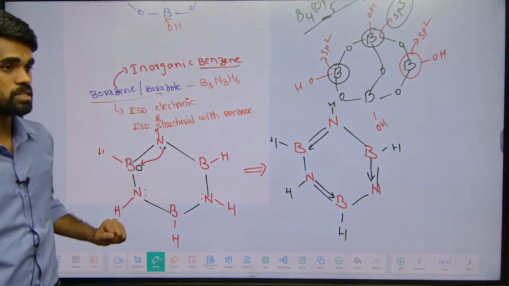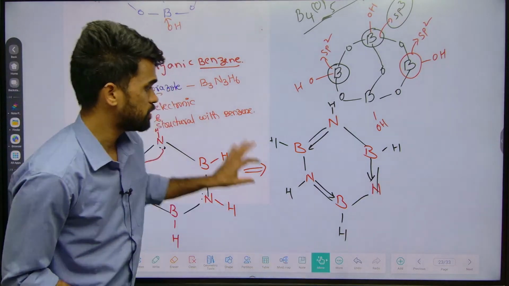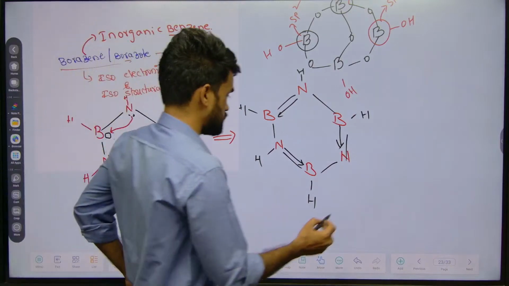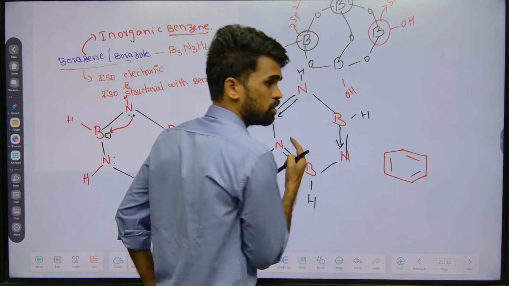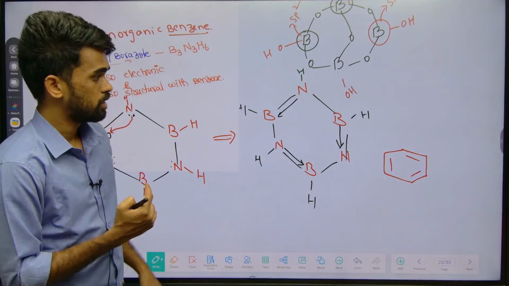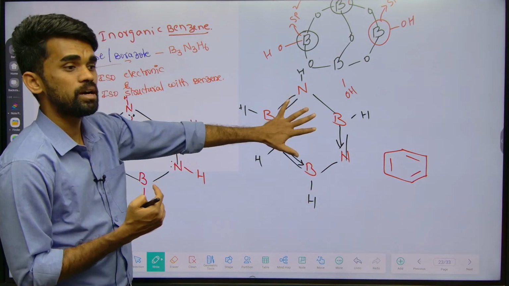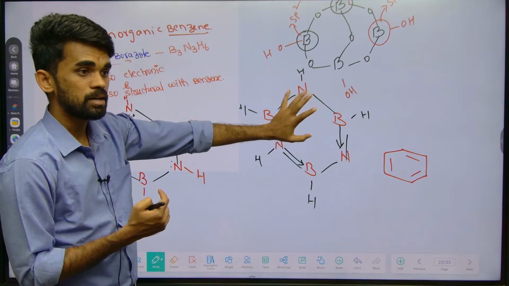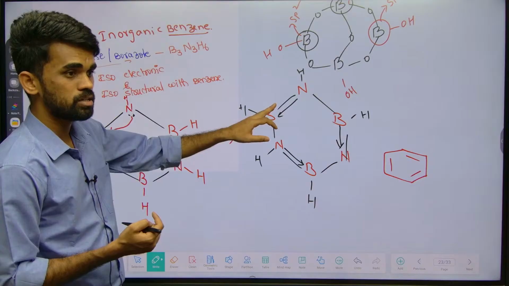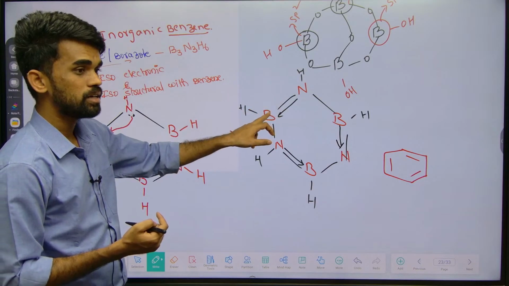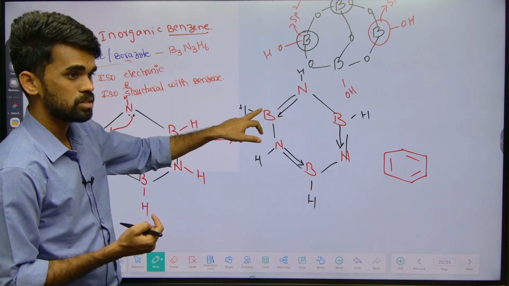So how many pi bonds are there? 3 pi bonds. It is looking like a benzene ring only now, but instead of carbons we have boron and nitrogen. Okay, that's why we are calling it as what? Inorganic benzene. Okay, now what is the hybridization of each boron and nitrogen? How many sigma bonds are there? 3.